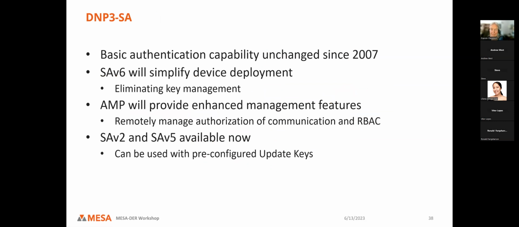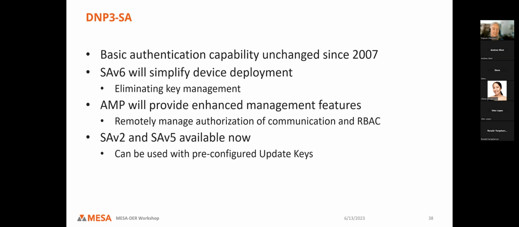Okay, so the basic functionality in DMP through secure authentication has not changed since the beginning. It's basically authenticating every message in a way that you can verify that it comes from the authorized source and has not been tampered with. With the new version, MESA-DER, we're going to significantly simplify the deployment by eliminating the key management aspect of that.